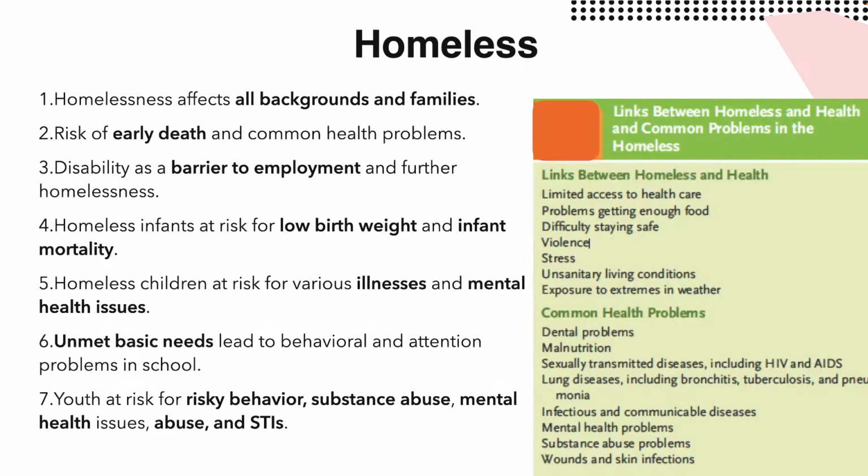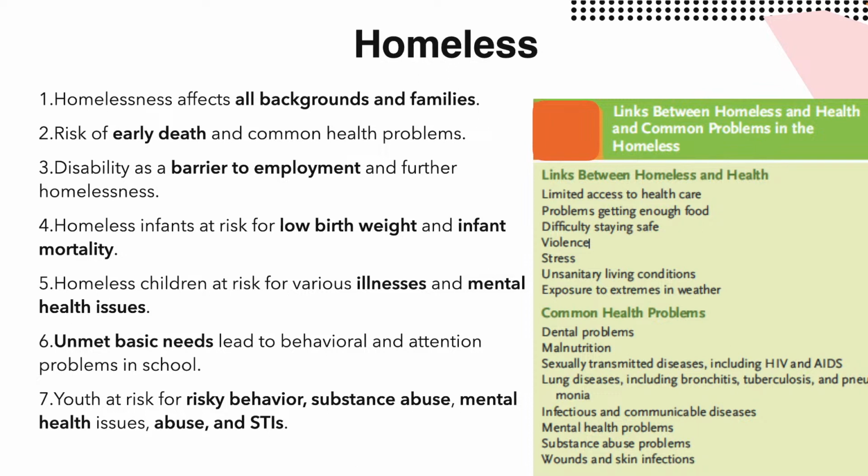Homeless people. All right, excellent. Let's see here. Homelessness can affect all backgrounds and families. You don't need to be of a specific race or background to be affected by homelessness. This can happen to anybody, and not just one person, but it can happen to families as well, right?